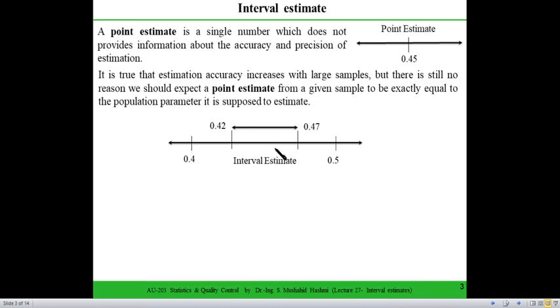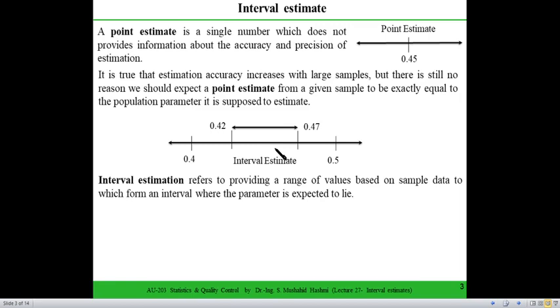So from your population, you pick some samples, and from this sample data, you do certain calculations or use a certain formula, which allows you to come up with these numbers, 0.42 and, in this example, 0.47. So with some confidence level, we can say that there is a likelihood that the population parameter would be lying in that interval. So this process is called interval estimation.